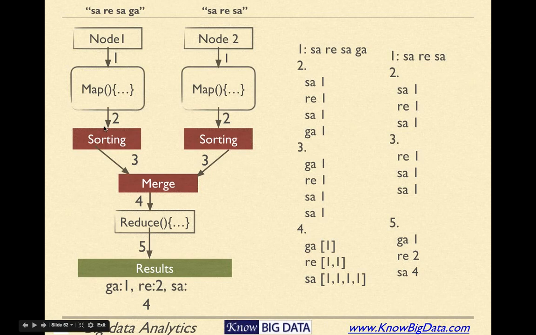So key values came from node 1, key values came from node 2, both got sorted, then got merged. While merging itself, it took care of sorting. So you can also say in other words, they got merged and sorted. All right, they got merged and sorted.